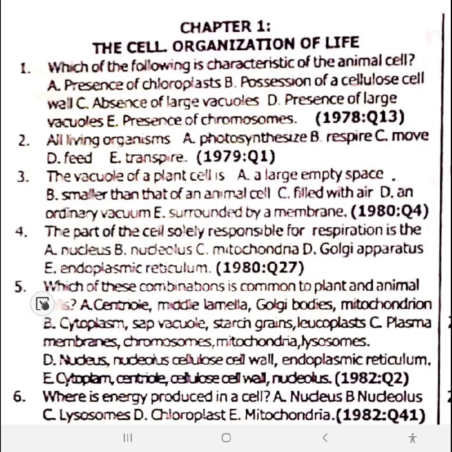Number four, the part of the cell solely responsible for respiration is mitochondria. I've stated it already. Number five, which of this combination is common to both plant and animal cell? Everybody, I want us to write down these most important ones. Plant cell has cell wall, cell membrane, chloroplast, and large vacuole.